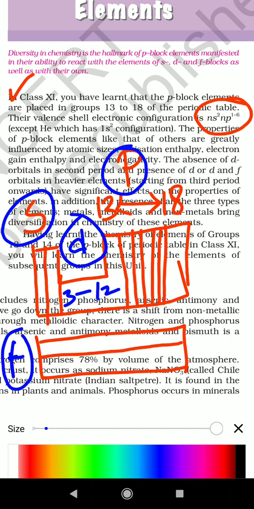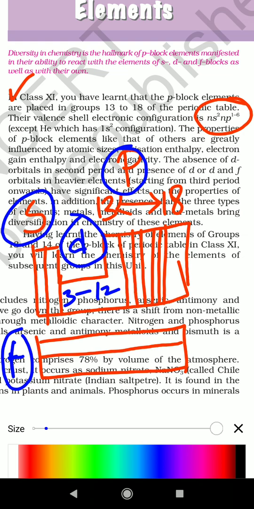How can you define these 4 blocks of elements? Depending upon where the last outermost electron enters. If the last electron enters into the S orbital, that is called S block elements. If it enters into the P orbital, that is called P block elements.